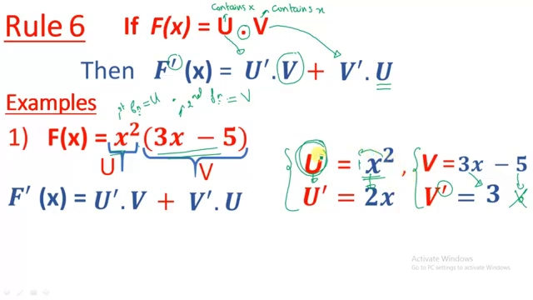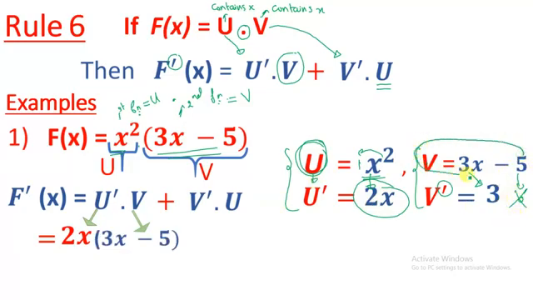هلا بس علينا نعمل substitution in the rule. So in the rule we will put 2x instead of u prime. Look, this is u prime multiplied by v. Look, this is v. What is v? It is 3x minus 5. Now plus v prime. What is v prime? It is 3.